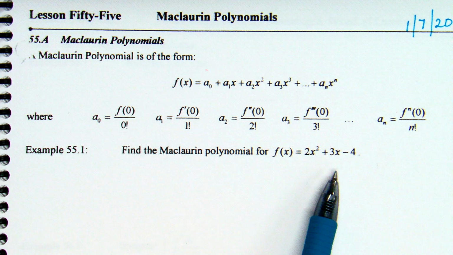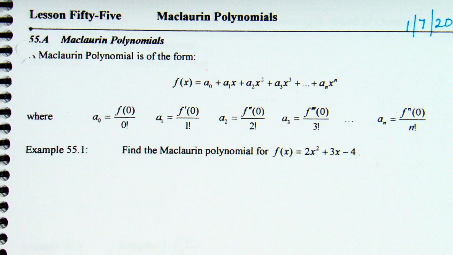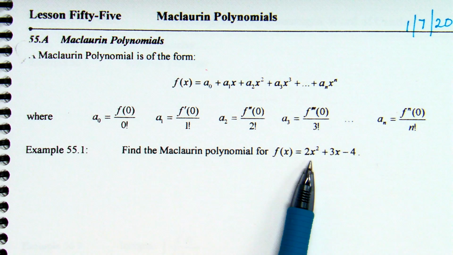That's a polynomial. So to write the Maclaurin polynomial here, we're practicing using this setup. Notice how high this one goes. This one goes to a power or degree of 2. And for these other two down here, they'll tell us what degree we need to go to.